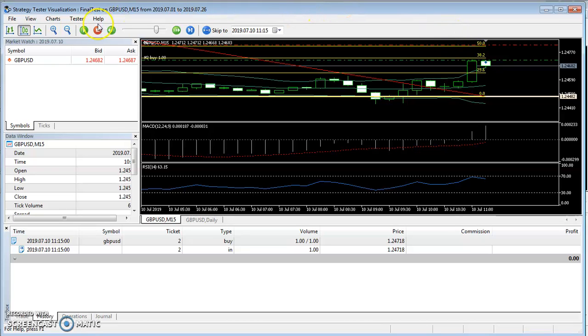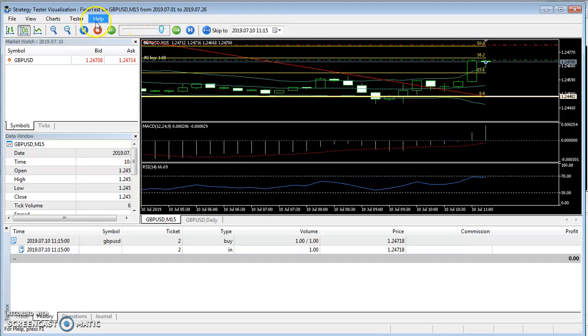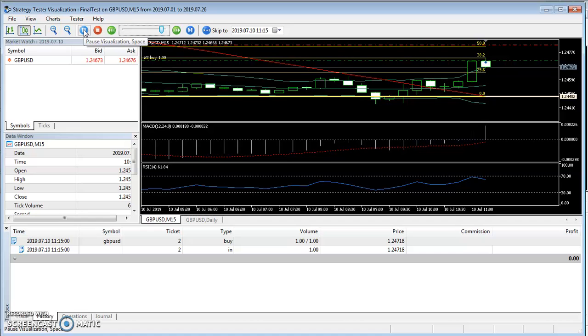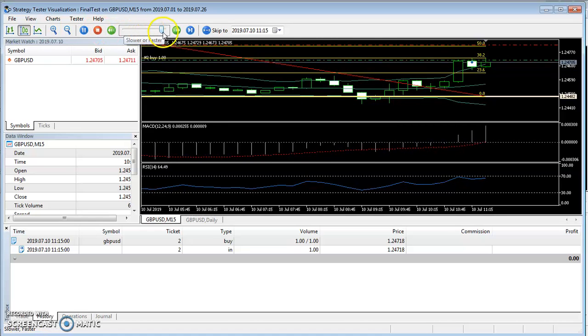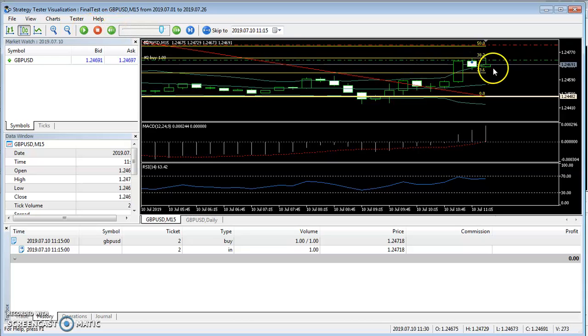So let me continue on with this trade and see how it goes. So you can see here that it didn't take a profit, it ended at a loss, so it continues on to 30 minutes.